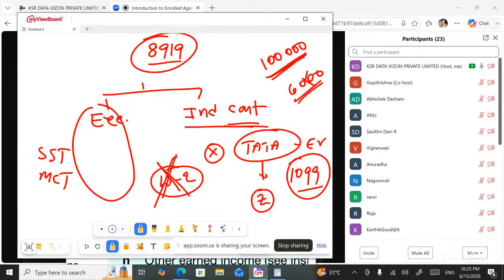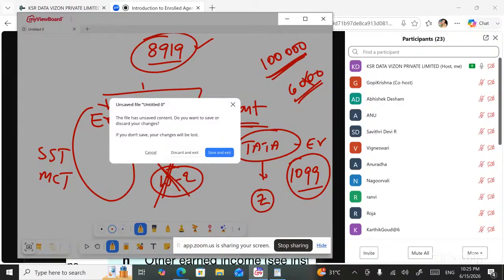Actually, it is not the right time to give this much explanation at this point itself. It will be covered in detail subsequently in a full-length chapter, just to understand why this form is used. Form number 8919 only. Don't bother about that.